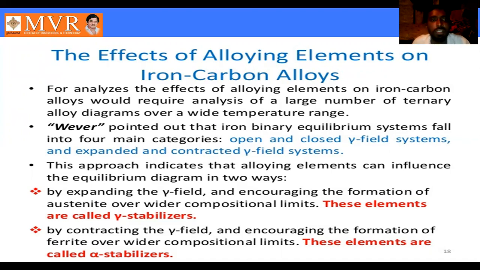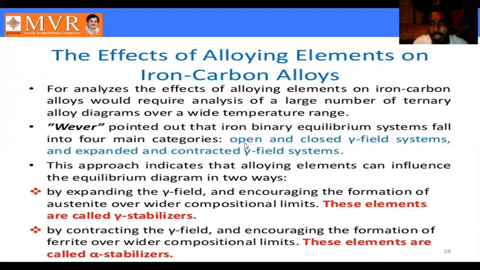So next one is, we have pointed out the iron equilibrium systems fall into four main categories. So the binary equilibrium systems fall into the four main categories. What are the four main categories?